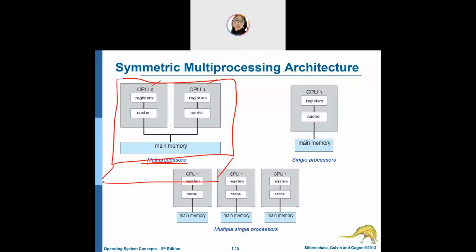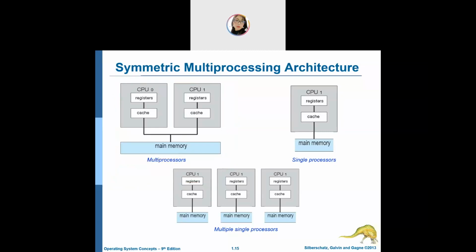This is all inside, multiple. But in terms of this multiple, you can also have single. You can see this is single, but in terms of multi-single, this one has 1, 2, 3, and then maybe you can have another, but the main memory is not connected to all the CPU.